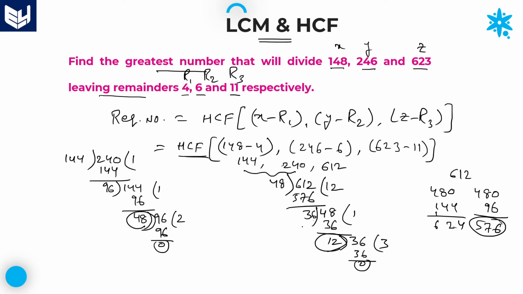Therefore, the greatest number that will divide 148, 246, 623 so as to leave the remainders 4, 6 and 11 is 12. The HCF of those numbers is 12. That is the required answer for this question.